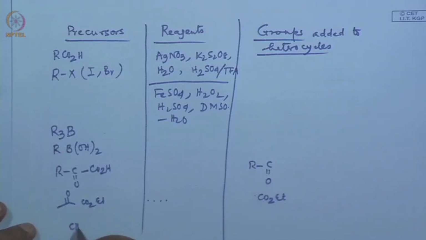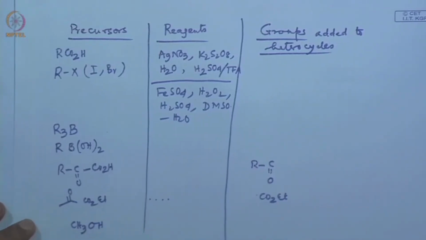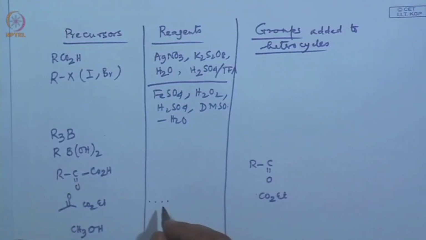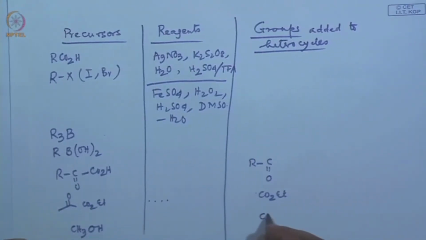And similarly, if you have let us say methanol, what should be the radical? Again Fenton's reagent, and what is the substituent that would be provided by this?